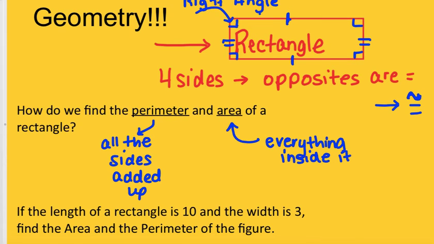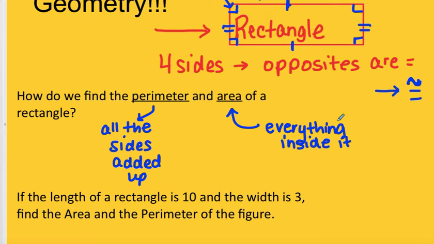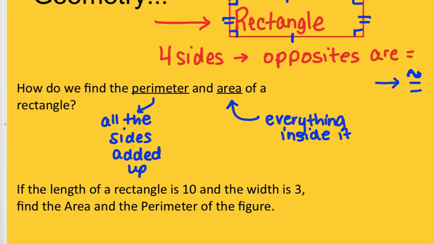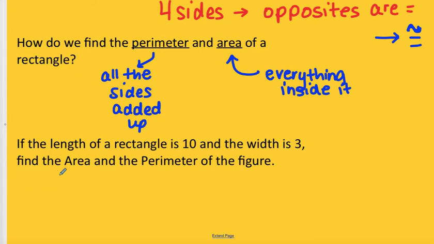All right, so if you think about area and perimeter, we can actually solve problems using the idea of evaluating. So it says if the length of a rectangle is 10 and the width is 3, find the area and the perimeter of the figure. Okay, so here is a rectangle.